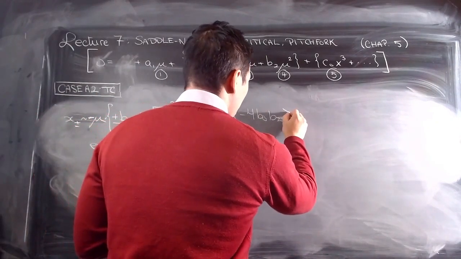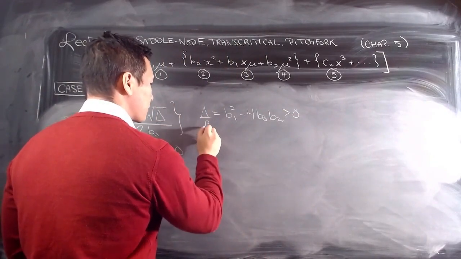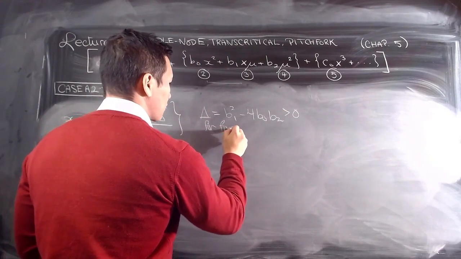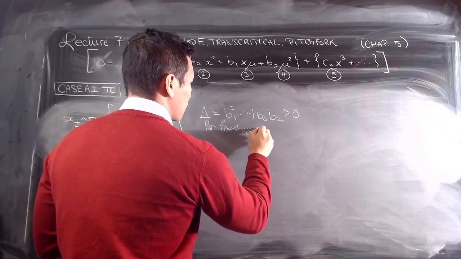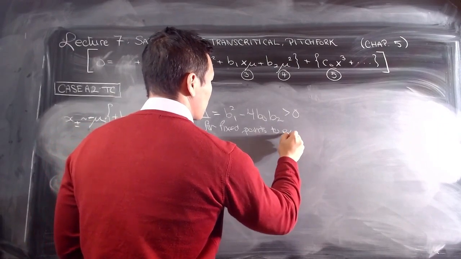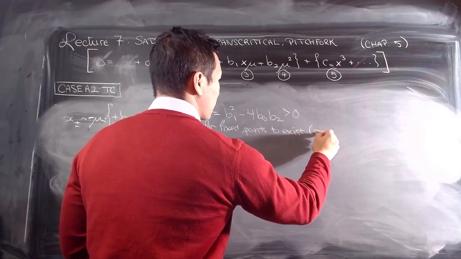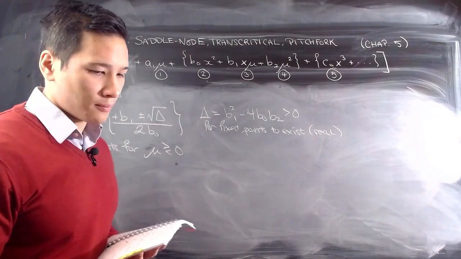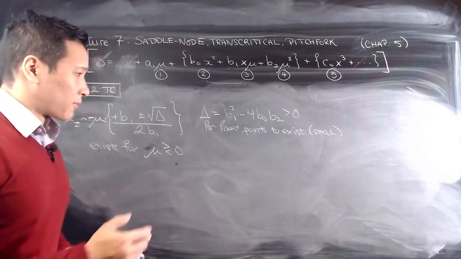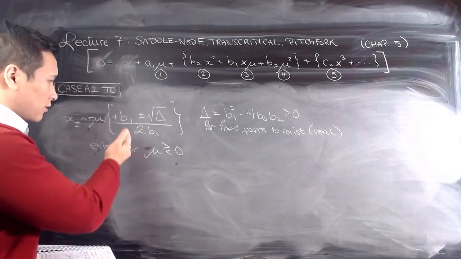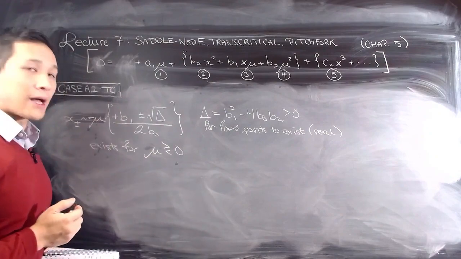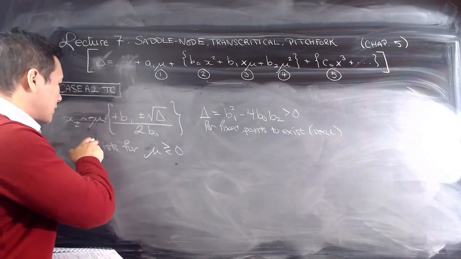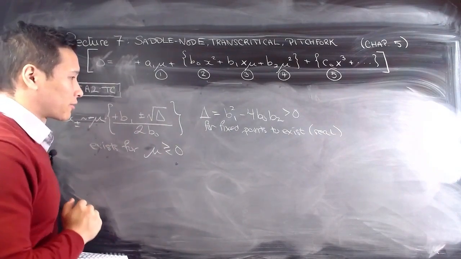And it should be greater than 0 for the fixed points to exist, and be real. We're always talking about real dynamics here. Okay? So provided this condition is true, then this will just give you some value, some number, and you'll have a fixed point on either side.